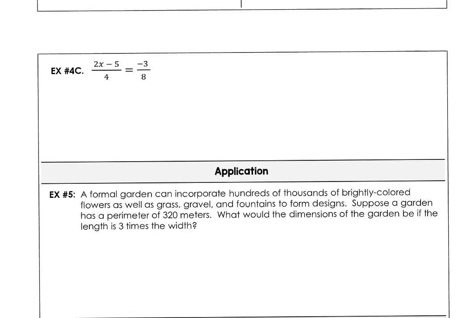In this last example, in example number 4, there's 2 approaches you could take. One approach is the idea that cross products are equal. You know, it's the way we check fraction reduction or simplifying. Let's say 10 over 2 is equal to 5 over 1.